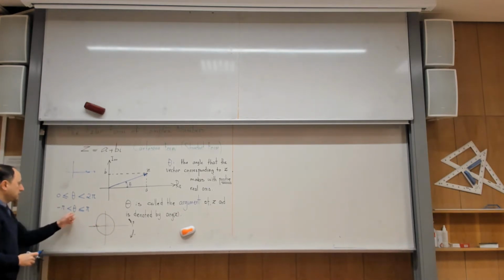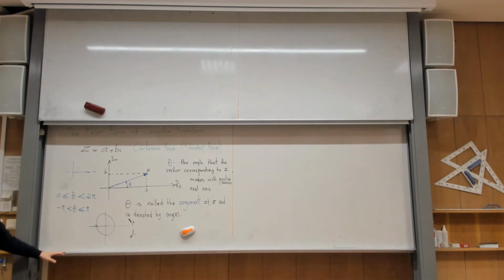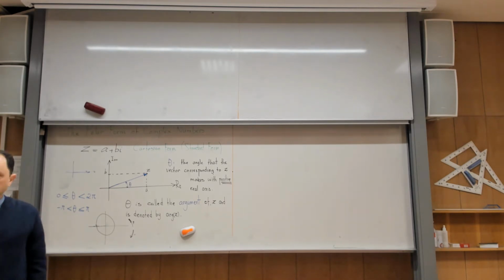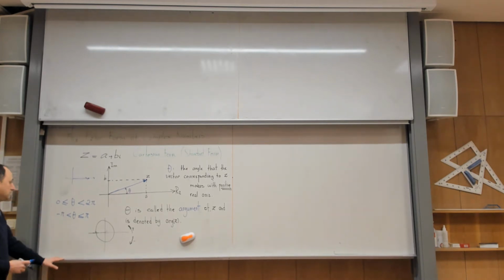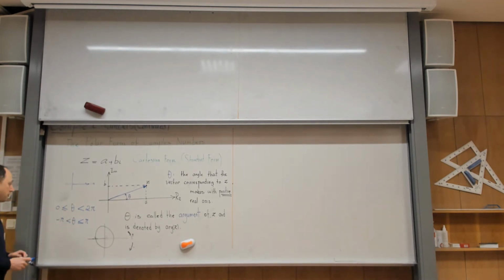One convention is that we consider theta between minus pi and pi. One convention is that we consider theta between 0 and 2 pi. This one is more popular, but I think for you it's easier to work with this convention. Sometimes that's not under your control. They just tell you which convention you are supposed to use, so then you need to know what to do. Every now and then I will try to solve some problems with both conventions.